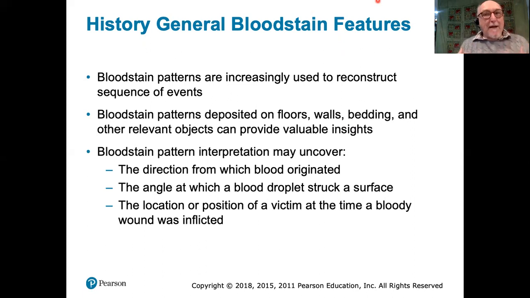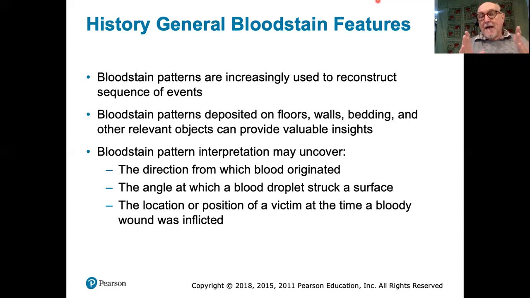The blood-stained patterns can be deposited on all kinds of surfaces: the floors, walls, in the bed, on objects, on people. And if they're carefully interpreted, they can suggest to us the direction from which the blood originated. And that's point number one.